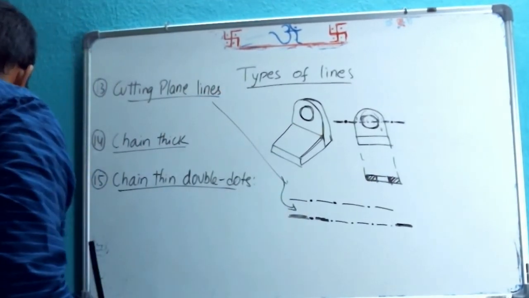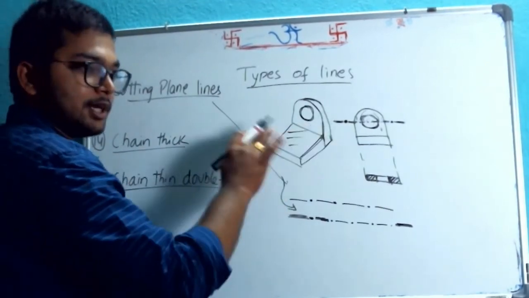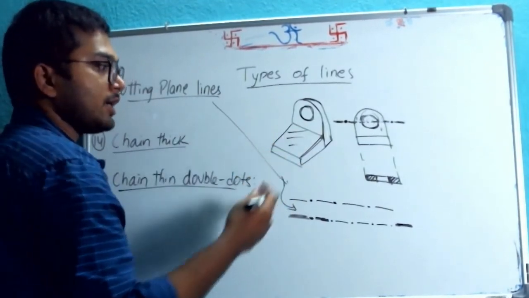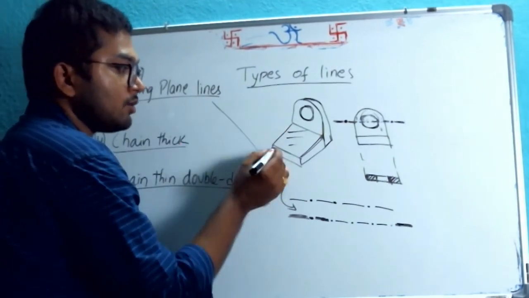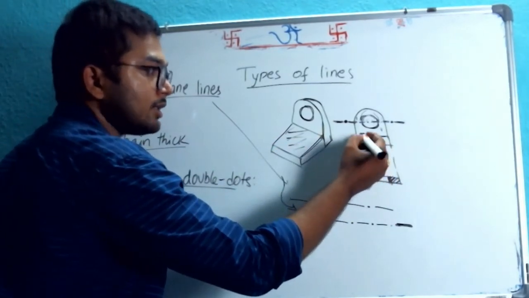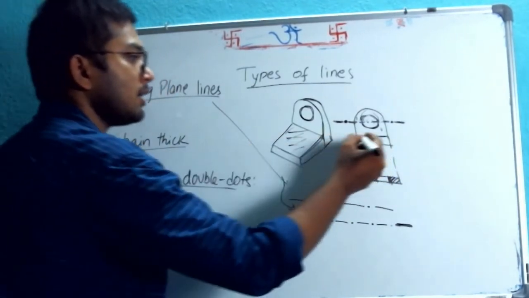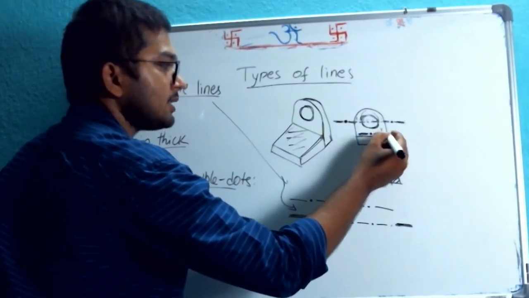Now chain thick. Say for example, this surface I want a special treatment, and I will specify what is that special treatment. So in front view, this total surface is represented by this line, right? On that line, chain thick line means this one.